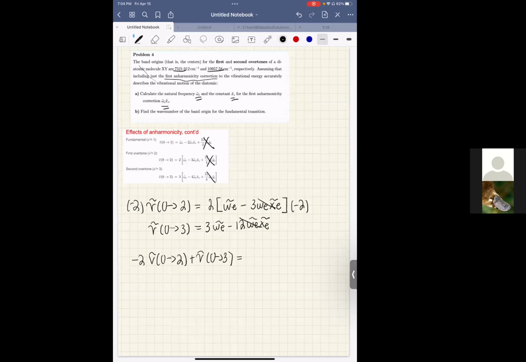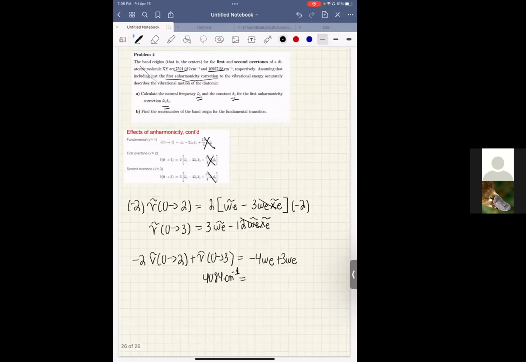And then that's negative 4ωe plus 3ωe, and then a negative of that. I'll just skip ahead a bit to solving this, and that will equal 4084.44.